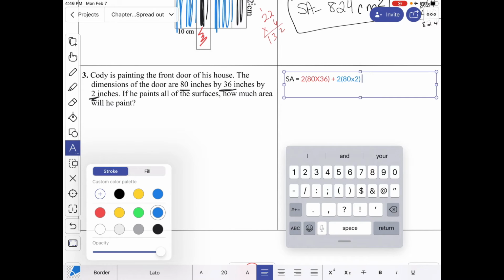What do you think the next one's going to be? Has to start with 2 times, and which 2 numbers have I not multiplied together first yet? I haven't multiplied 36 and 2 together yet. So see, the pattern is that all of the numbers have to be multiplied together. 80 had to be with 36, 80 also had to be with 2. And 36 and 2 had to be together. So every number was used twice.